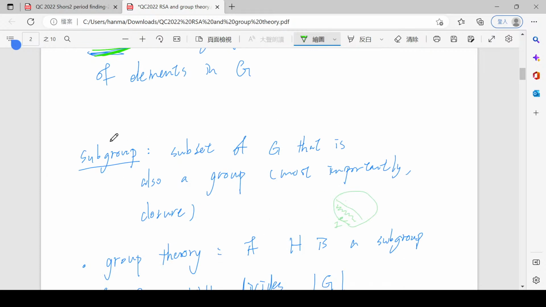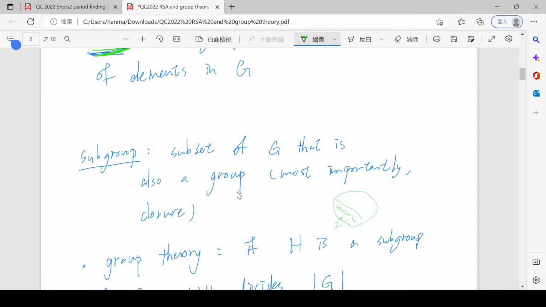And now we go into more structural things. Sometimes there can be things called a subgroup. So what's a subgroup? It's a subset of G, and it is also a group under set multiplication.